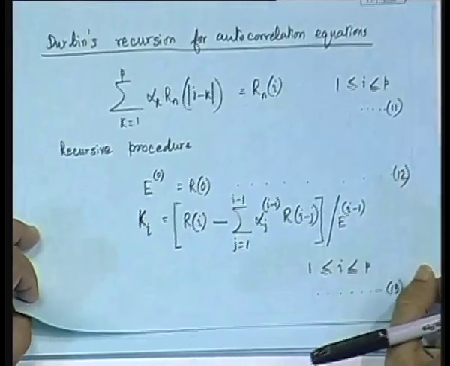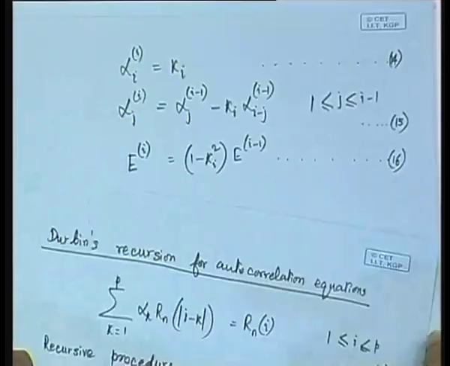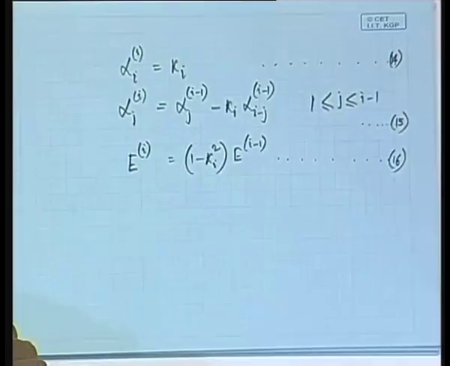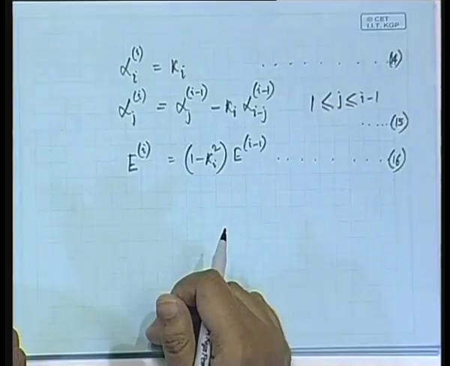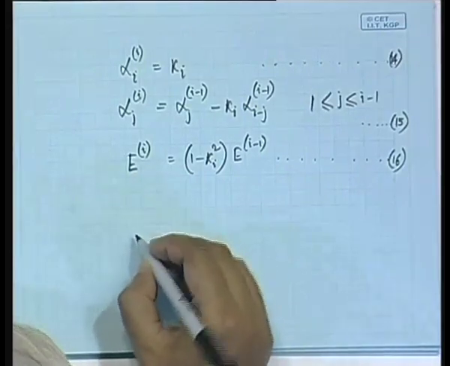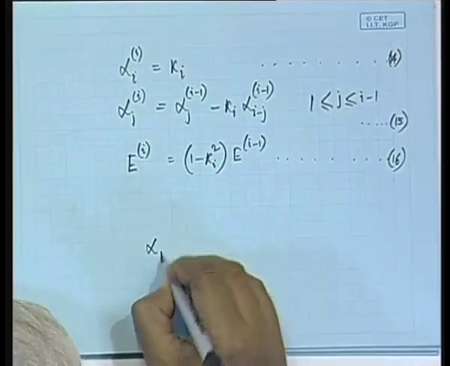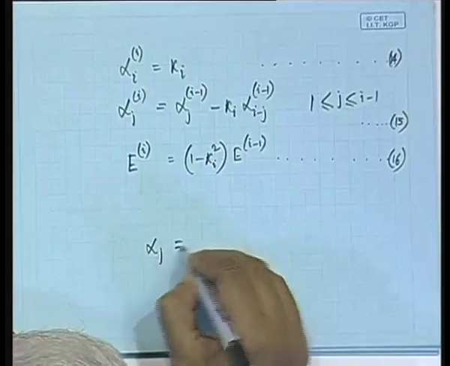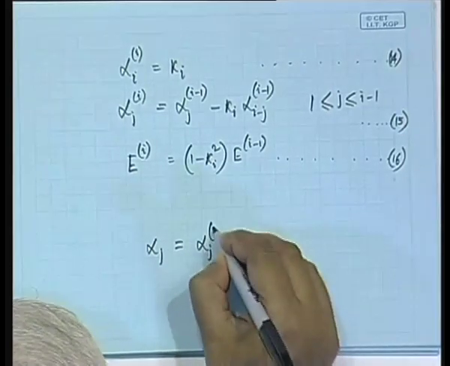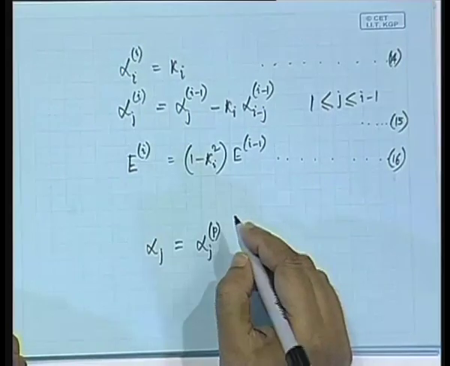That is to say, if we repeat equations 13 to 16 for all the values of i up to p, we obtain the final estimate of alpha_j, corresponding to the pth iteration.